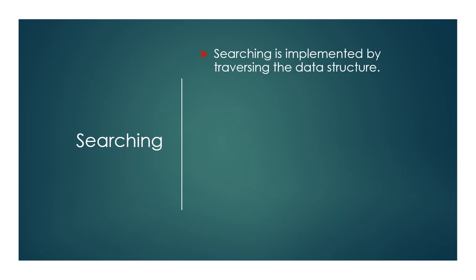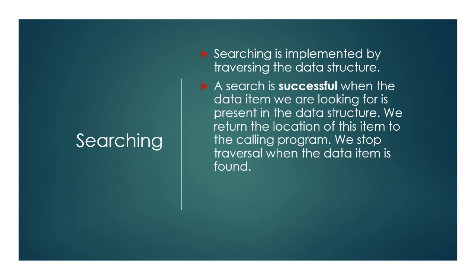The next operation is searching. Searching is implemented by traversing the data structure. Remember, traversal was moving through the data structure, visiting every record exactly once. A search is successful when the data item we are looking for is present in the data structure.